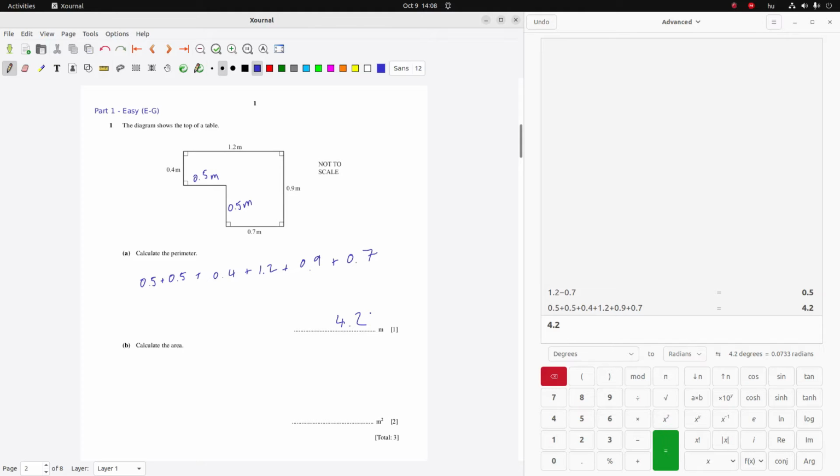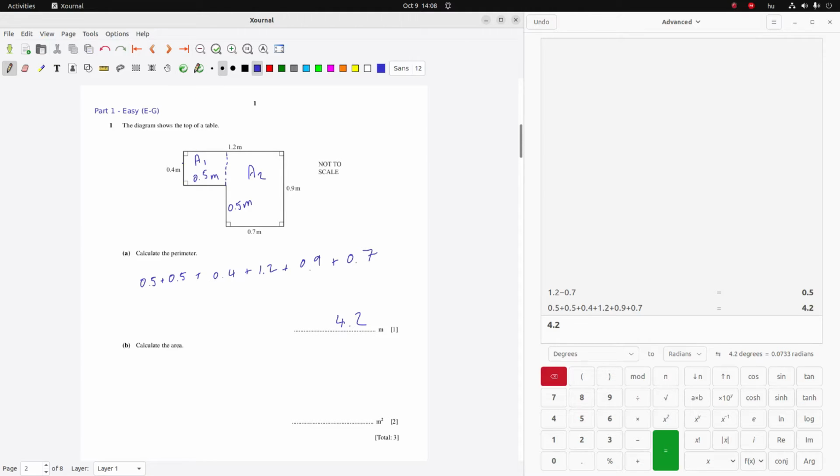Now, what about calculating the area? The area is also pretty easy, right? Because this shape consists of two rectangles. We can cut it up like this, in which case we have area 1 and area 2. And once we calculate the area of each, we just add them up after that.